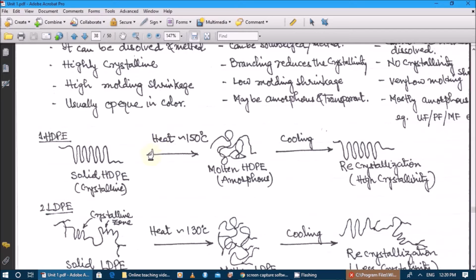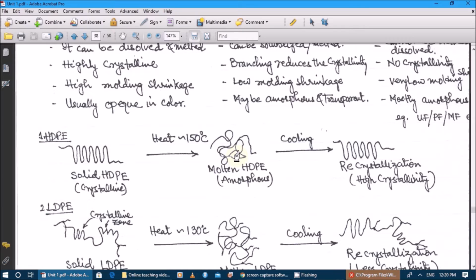But when we heat this HDPE to around 150 degrees centigrade, the crystalline structure will break, and the polymer will be in the molten state, and in the molten state the polymer is amorphous, meaning there is randomness, there is no crystal order during the melting.